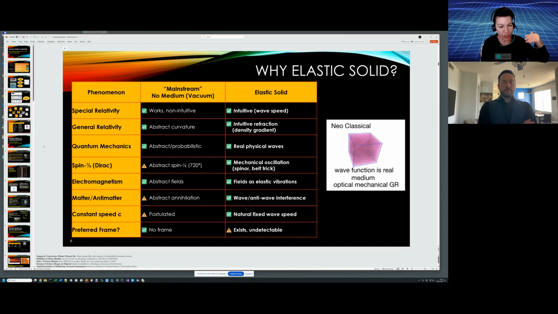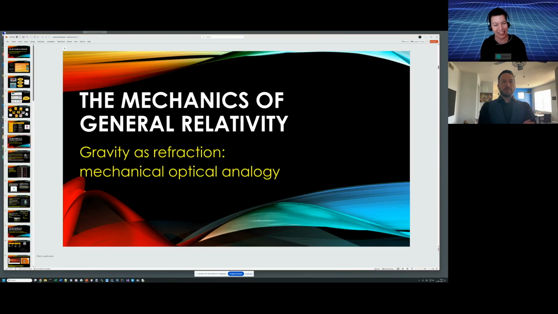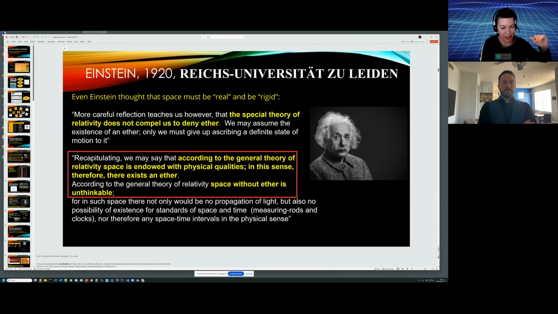So let me go to the next topic, general relativity. Don't worry, I won't go into much detail. But from a historical point of view, even Einstein said that space must be real and actually rigid. He said himself that special relativity does not compel us to deny the ether, and that according to general relativity, space is endowed with physical qualities.